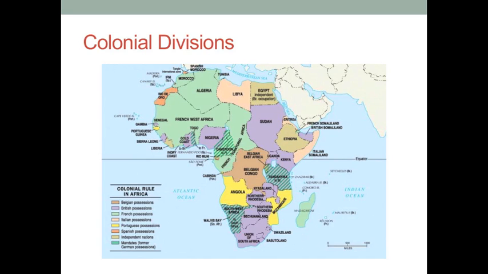What you can see in this slide is the results of the Berlin Congress or Conference. What is most important to see is that the majority of Africa essentially became either Francophone, that is West Africa, or Anglophone, largely East Africa. Of course, there were some other notable exceptions, the Belgian Congo, for example, and the German holdings in Tanganyika.